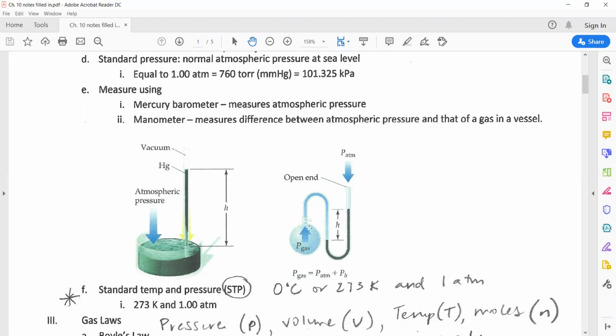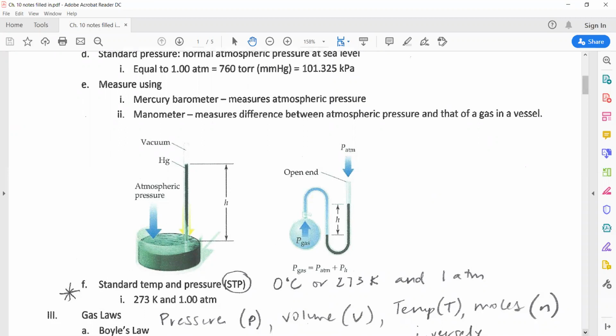But here, as you can tell, the gas pressure is pushing with a greater pressure than the atmospheric pressure by however much h is. So if we know atmospheric pressure was 760 millimeters and there was an extra 50 here, you would be able to say 760, which is the atmosphere, plus the extra 50 that the gas is exerting. So you can tell that the gas inside is exerting greater pressure.